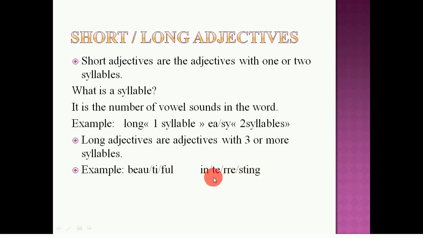Interesting, فيها four syllables. اوكي فهمتوا شنو الفرق ما بين short adjectives و long adjectives وفهمتوا وش معناها syllable. اوكي.